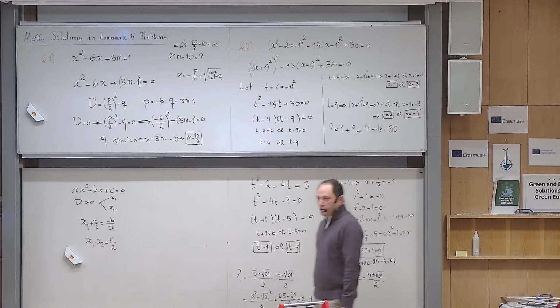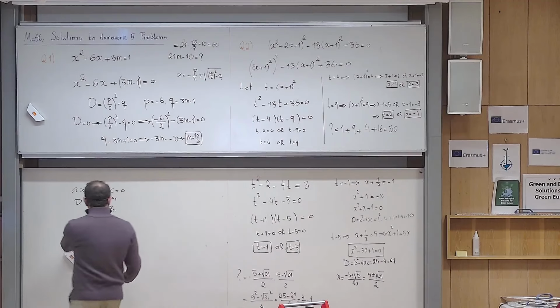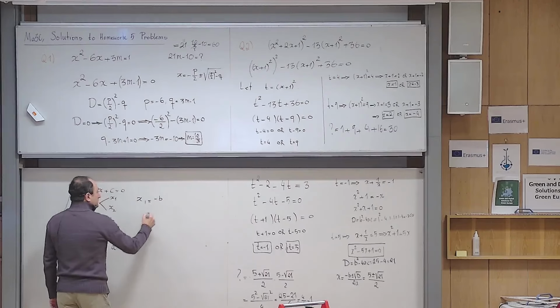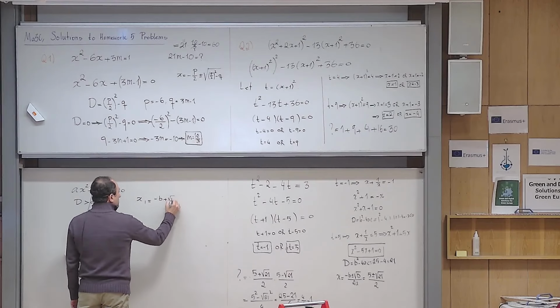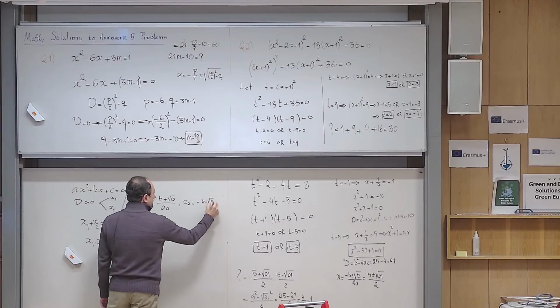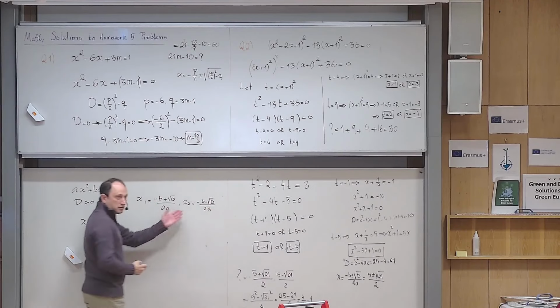By the way, it's not hard to prove them. Why? Because x1, let us say, is minus b plus the square root of d, over 2a. This is one solution. And the other solution is the same with the negative sign. These are the roots, yes?